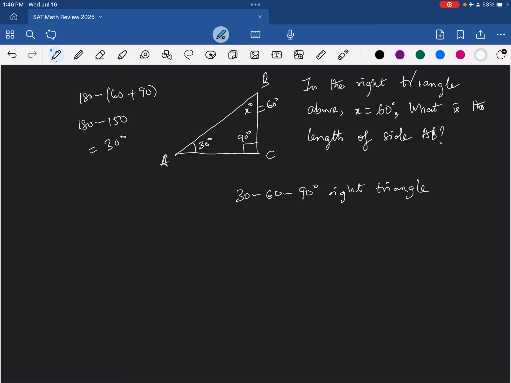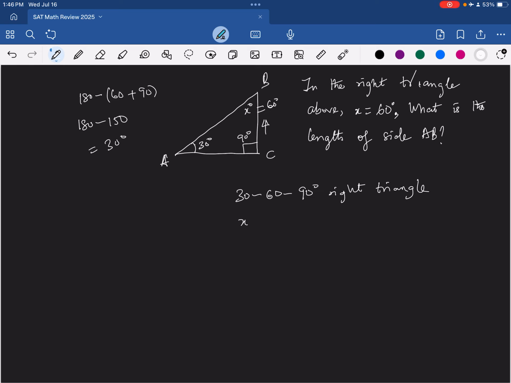So the 30, 60, 90 goes this way. The ratio of the lengths of the sides goes this way. The side facing 30 is x. Now, we're given also that BC is 4. That's important information. So back to this now.